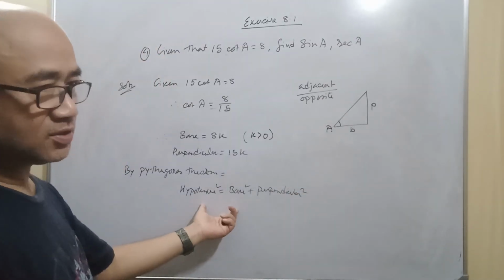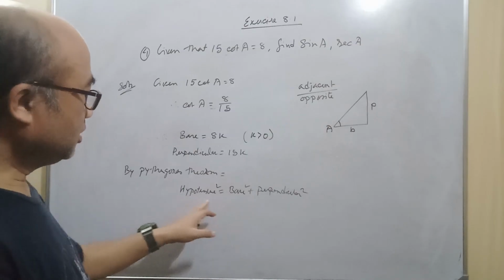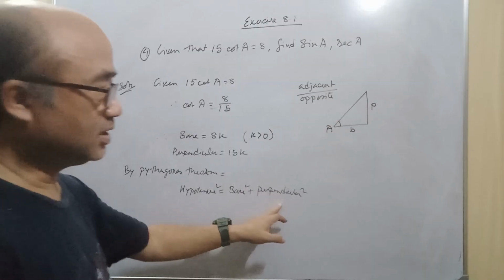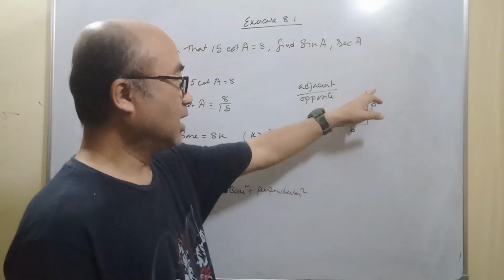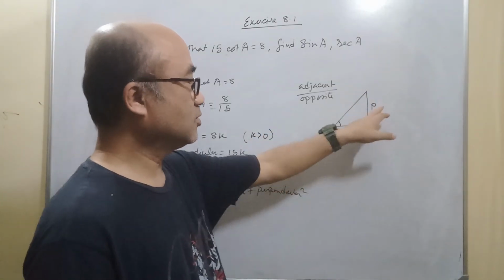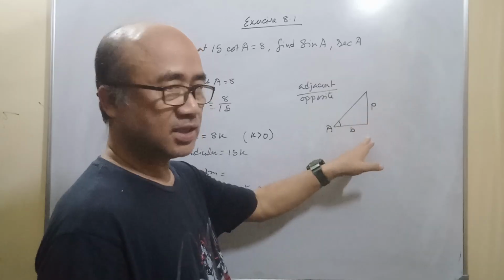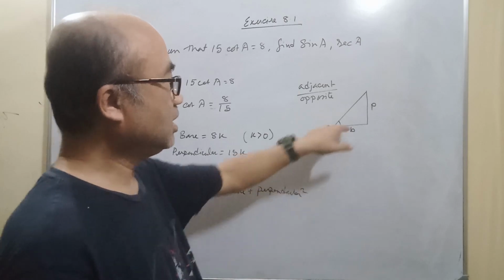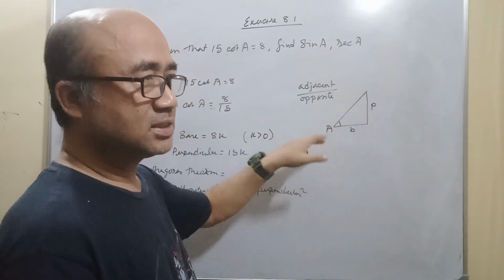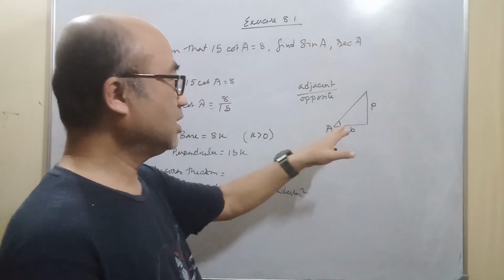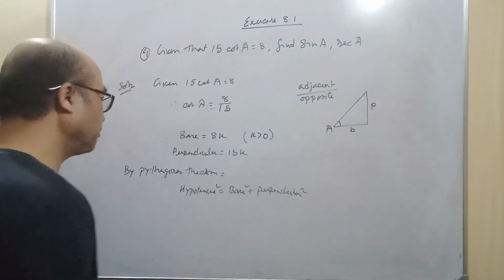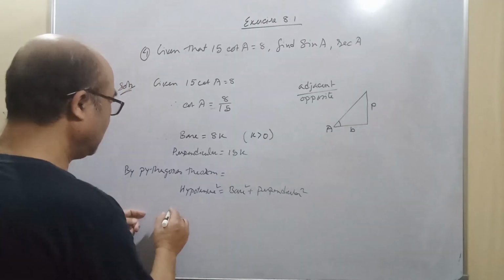This is Pythagoras theorem. Hypotenuse square is equal to base square plus perpendicular square. In a right angle triangle, the hypotenuse square is equal to the sum of the squares of the two sides. We are giving them the names base and perpendicular, but actually the hypotenuse square is equal to the sum of the squares of the other two sides. That is Pythagoras theorem.